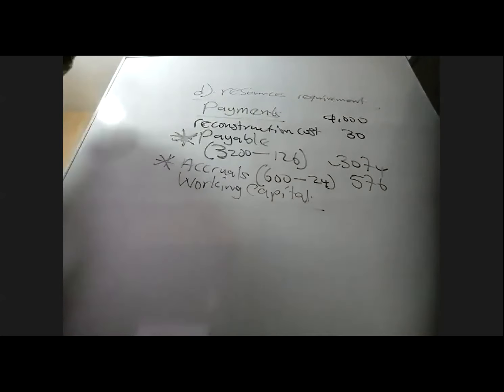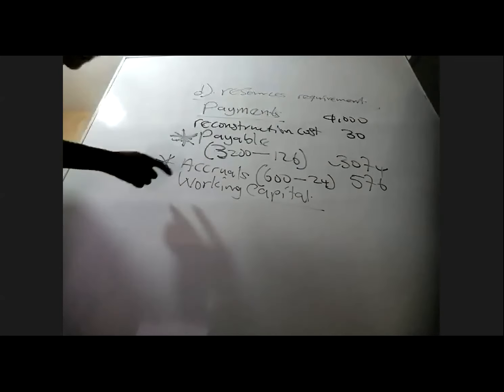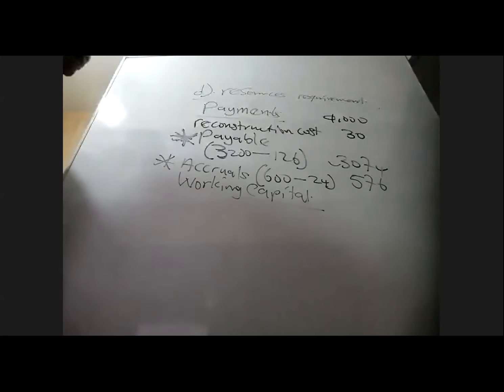Good. Now, in this question, there was no working capital requirement. So we are going to assume our own 2:1, that the current ratio must be 2:1, so that I'll walk you through how you can get it.